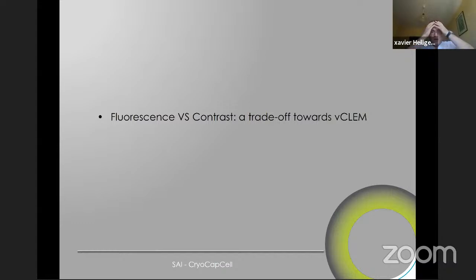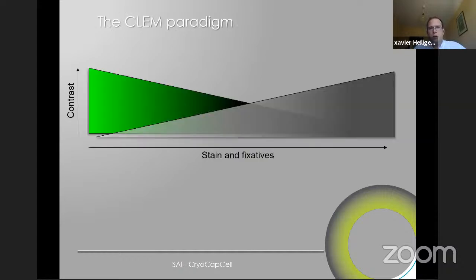So one of the key problems in electron microscopy, as I mentioned before, is a trade-off when you want to do fluorescence and electron microscopy. The paradigm is fairly clear here. When you have a good fluorescence microscopy, then you will have a very poor contrast in electron microscopy.